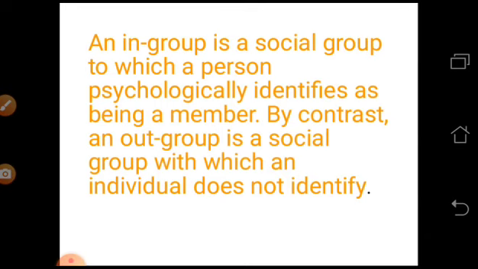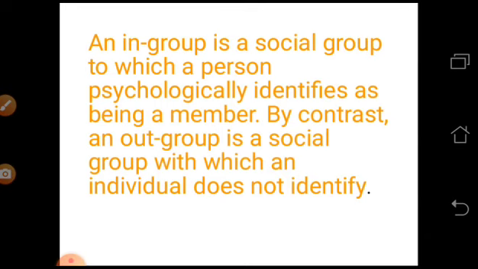So when you are in a particular school, you can identify yourself as being in this group. Those who are not studying in your school, definitely they will become out group for you, okay. They are not members of your same group. By contrast, an out group is a social group with which an individual does not identify.